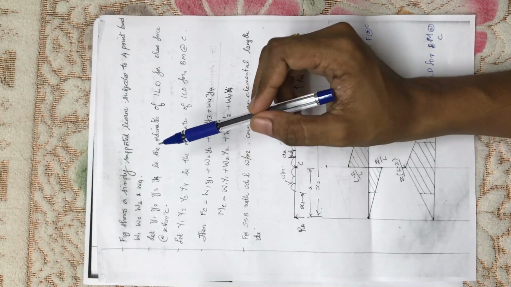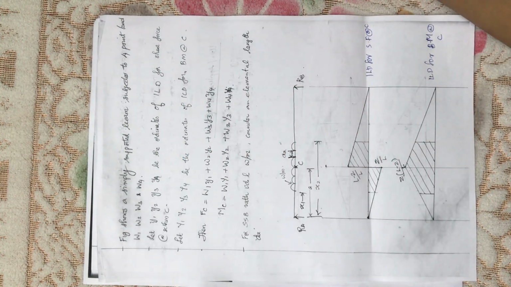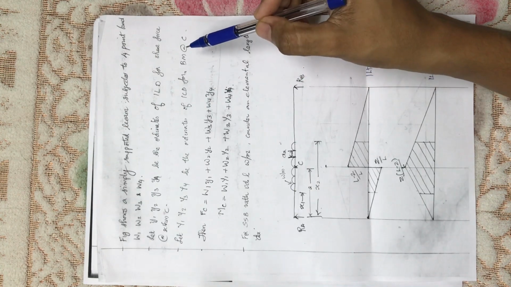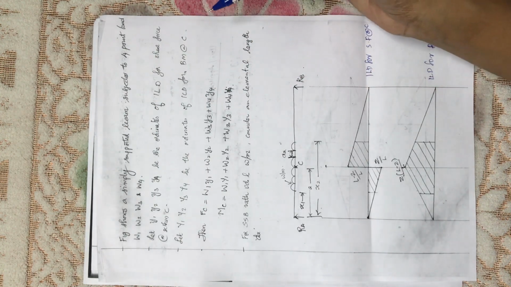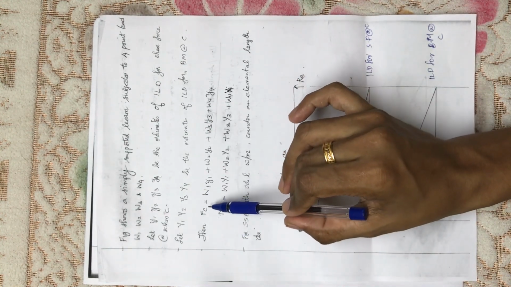Okay. Then the figure shows a simply supported beam subjected to 4 point loads W1, W2, W3 and W4. Okay. Let Y1, Y2, Y3 and Y4 be the ordinates of influence line diagram for shear force at the section C, and let capital Y1, Y2, Y3 and Y4 be the ordinates of influence line diagram for the bending moment at C. Then how will you obtain the shear force value at the point C?